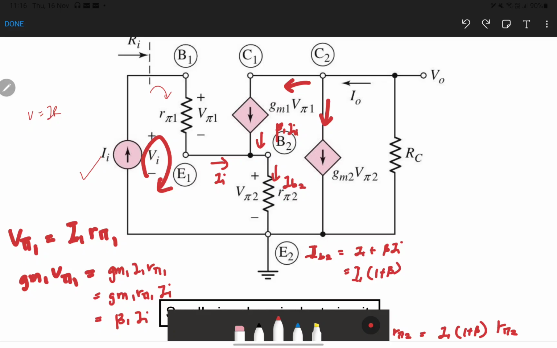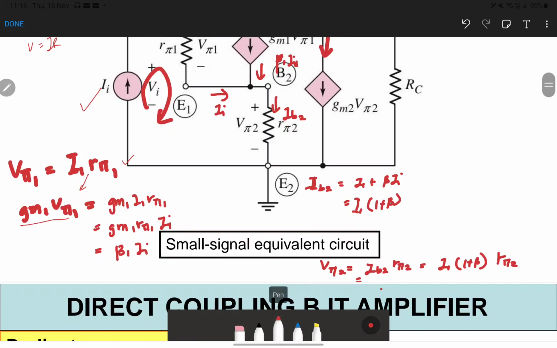From these relations, the current of gm V pi, we can transform it by replacing V pi equal to I1 R pi. So it becomes gm1 I1 R pi.